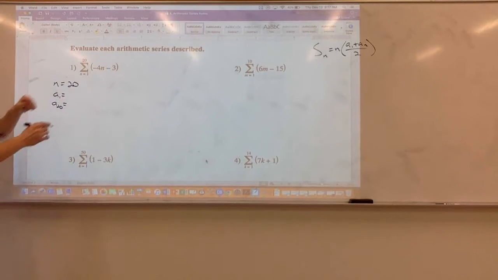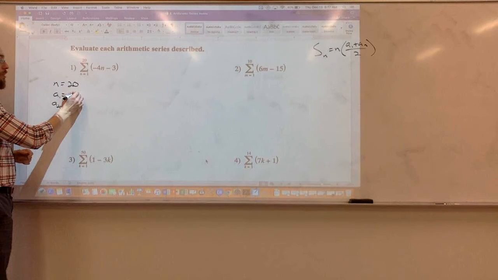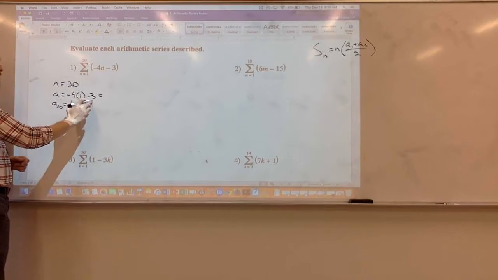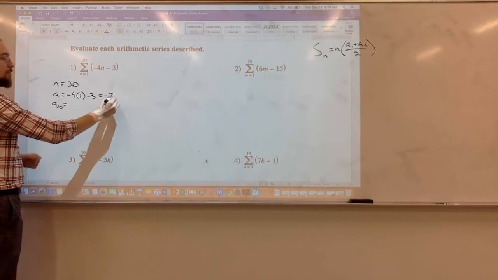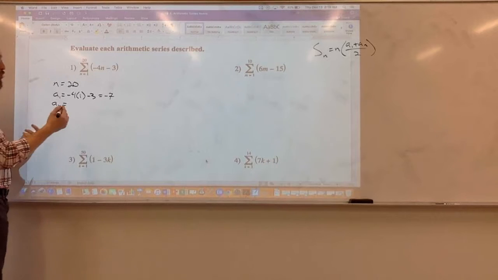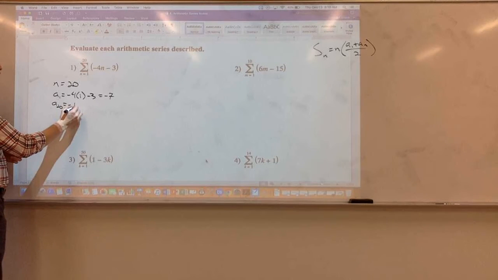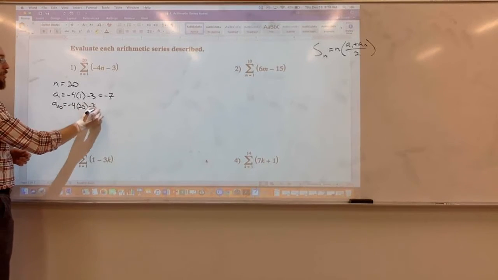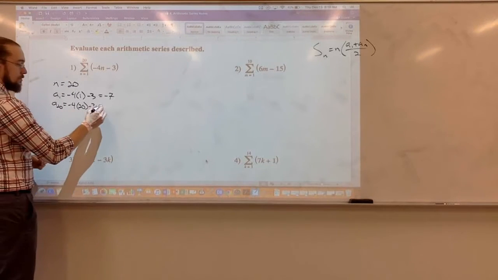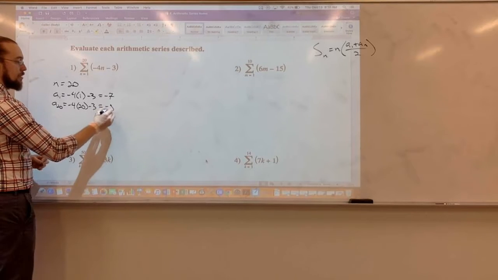So if I plug 1 in here, that'll be negative 4 times 1 minus 3. So negative 4 minus 3 is negative 7. My first term is negative 7. Then to get the 20th term, I will plug 20 into this one. So negative 4 times 20 minus 3 is negative 83.